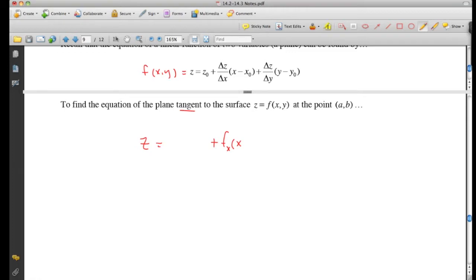Let's use the notation we've got up here, a and b. Okay, so we find the partial derivative at that point. We're going to multiply that by x minus the x-coordinate of a point that's on the plane. That x-coordinate that's on the plane is going to be just whatever a is.